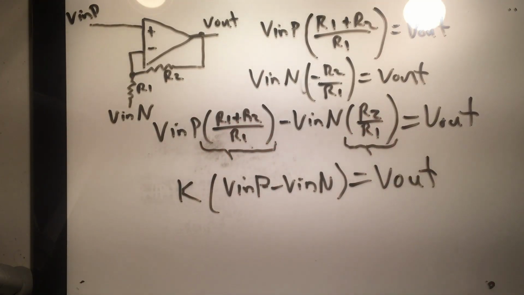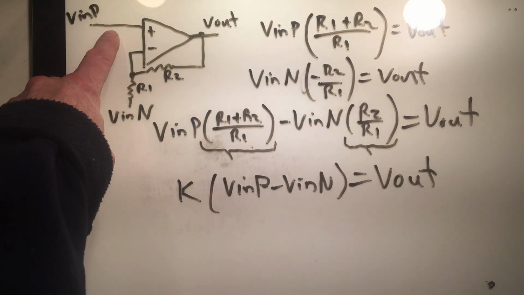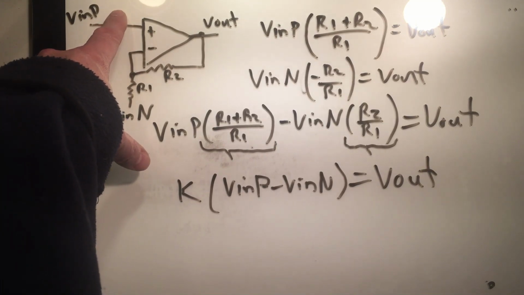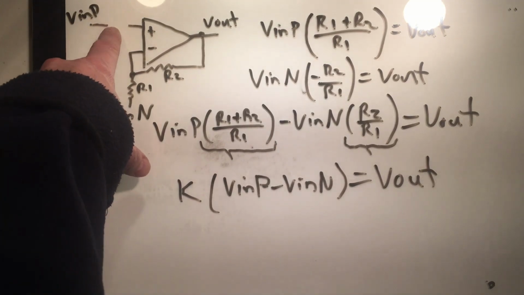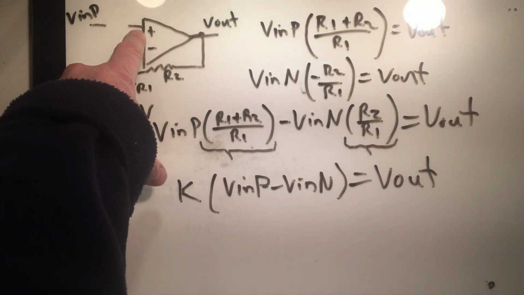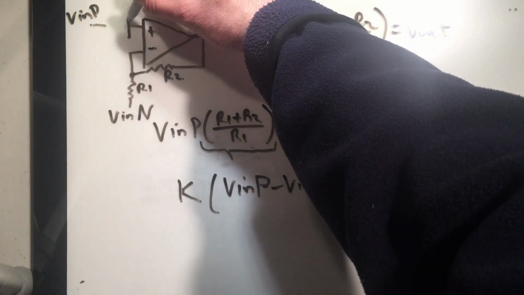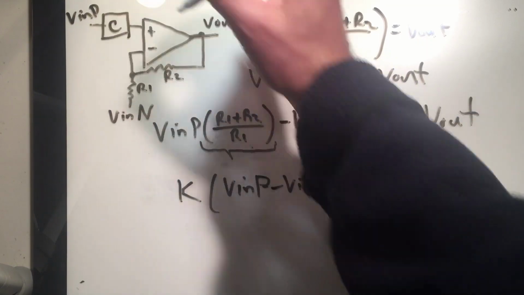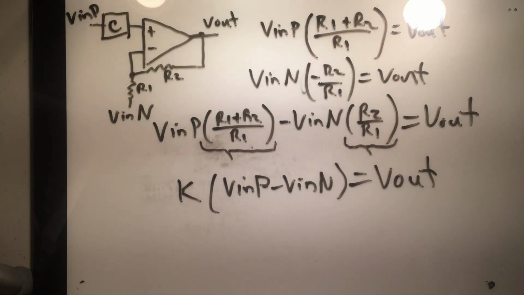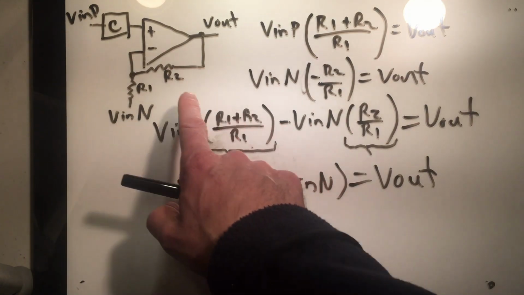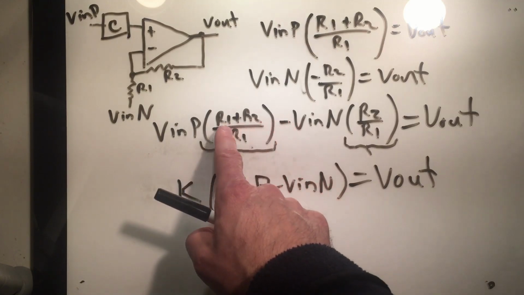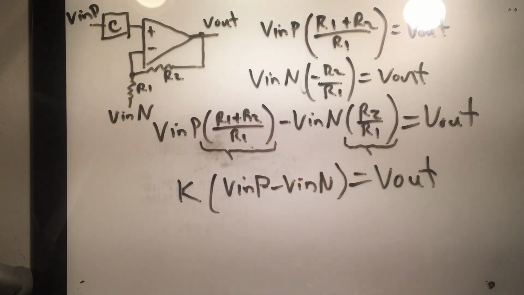An easy way to do that, it turns out, is if we put a constant or some kind of amplification on the non-inverting input, which is easier because no current flows into it. If we tried to do it with this one, it gets complicated. So we're going to have a block right here called C, and that could be a gain of greater than or less than 1. Because it's in series, it's going to get multiplied by this part right here.